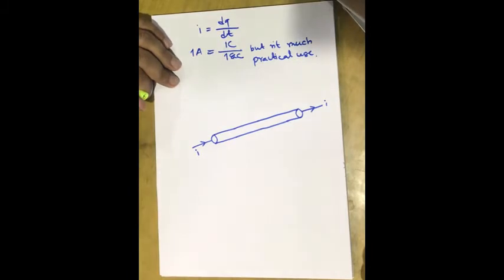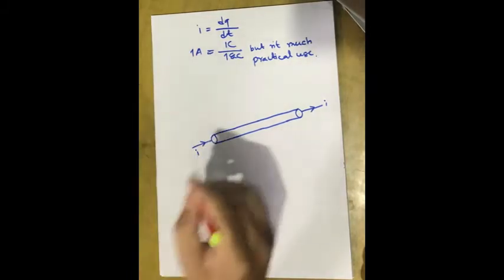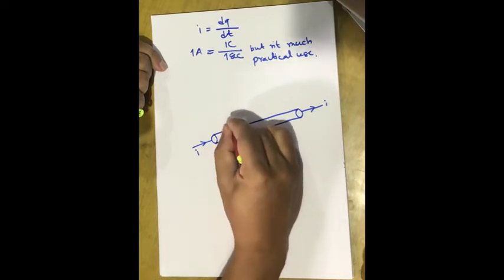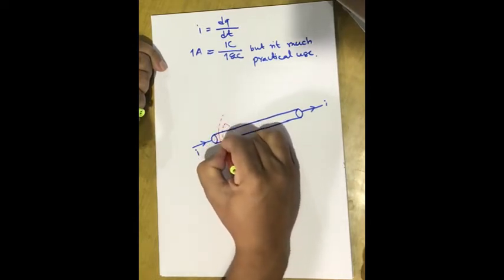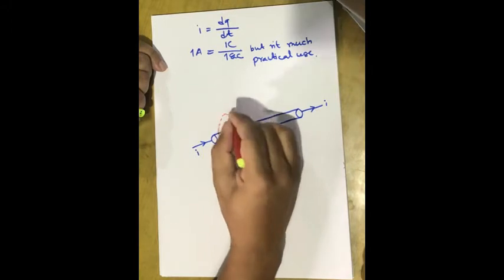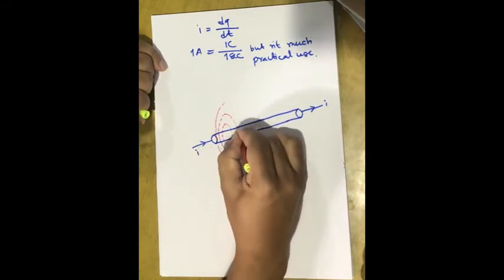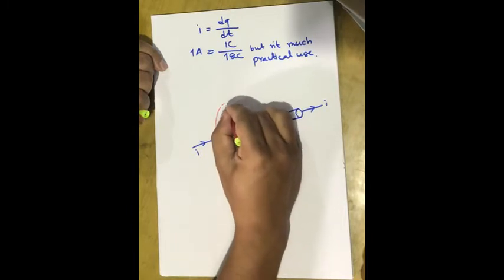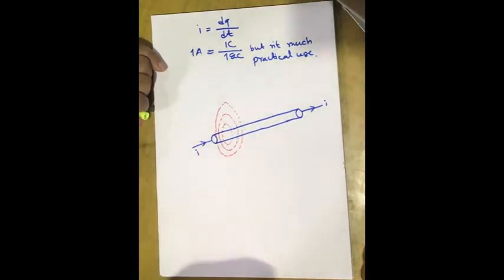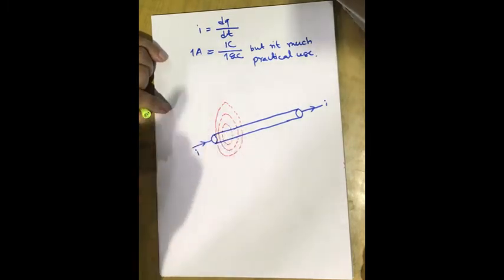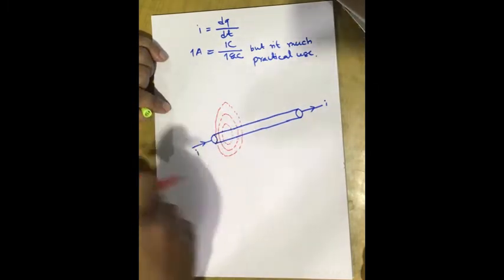Therefore, if I plot the magnetic lines of force, it will be like this. These are magnetic lines of force. I have used the dotted line to mean that the lines are encircling the wire.